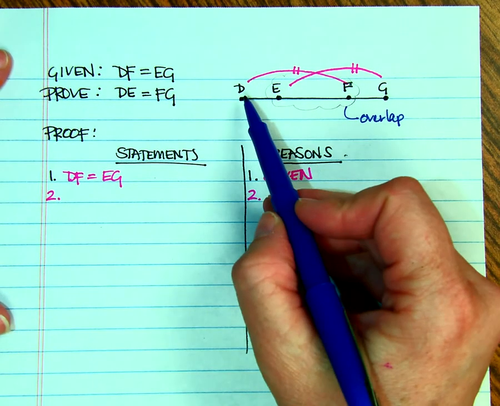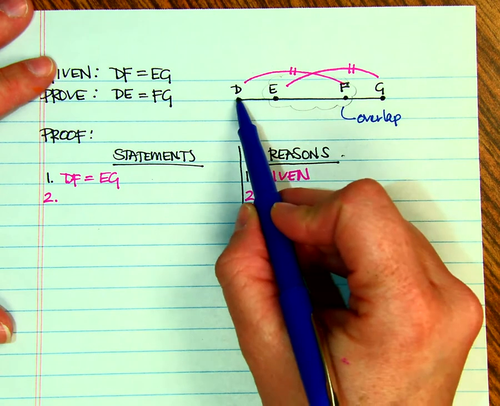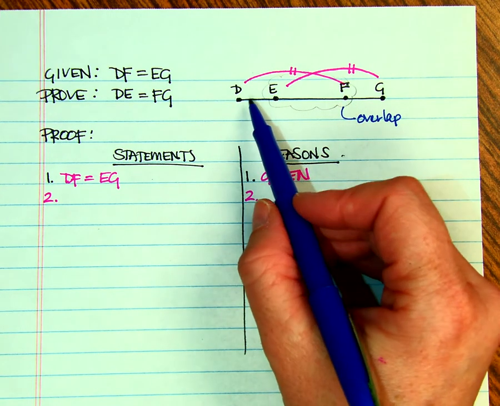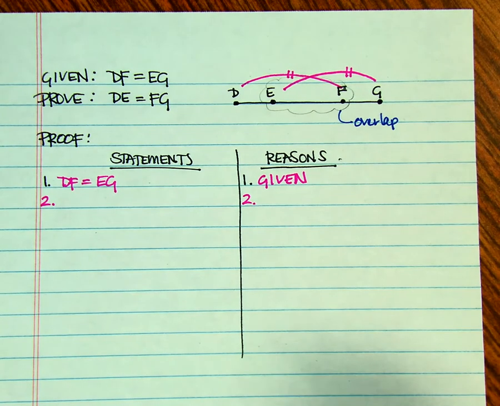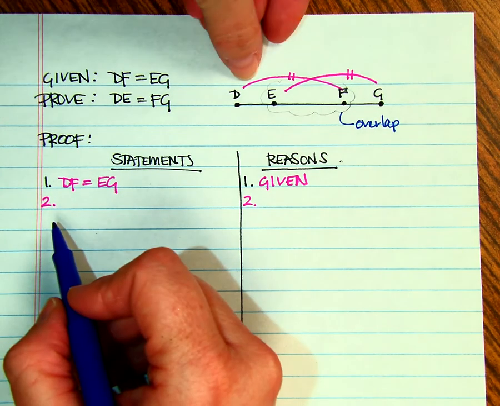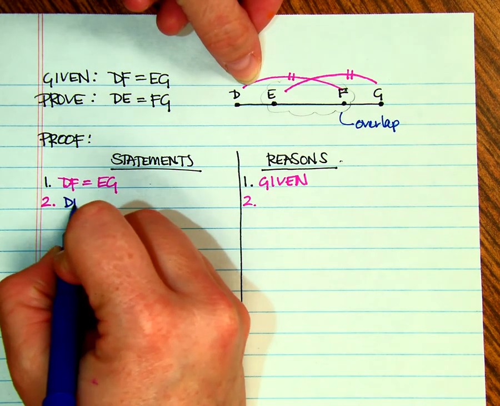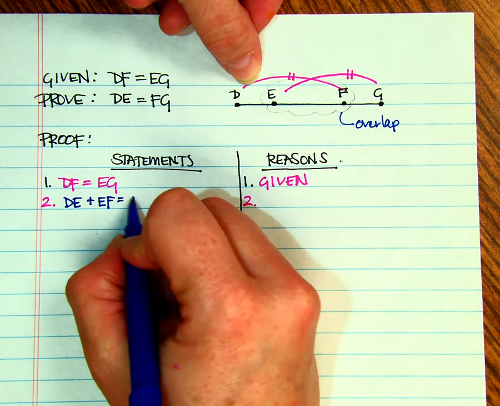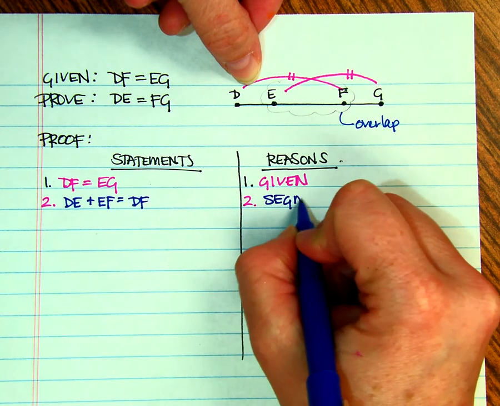I'm also noticing that DF is a whole segment made up of two individual pieces. So 99% of the time, if you have segments, you're probably going to be using the segment addition postulate. So I am going to look at my whole piece of DF, and I know that DE plus EF equals DF because of the segment addition postulate.